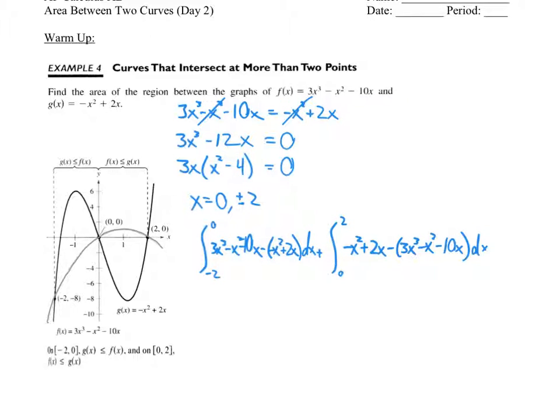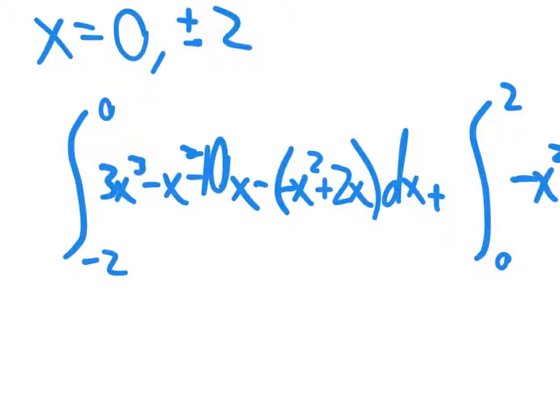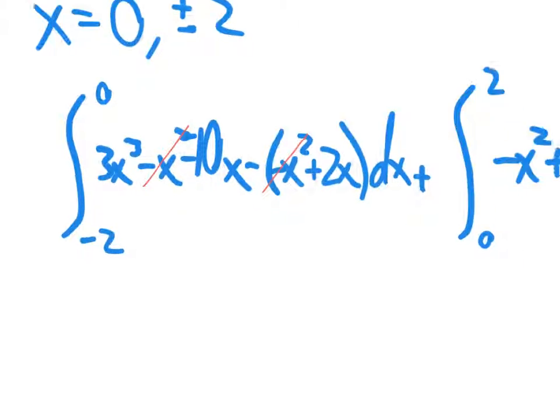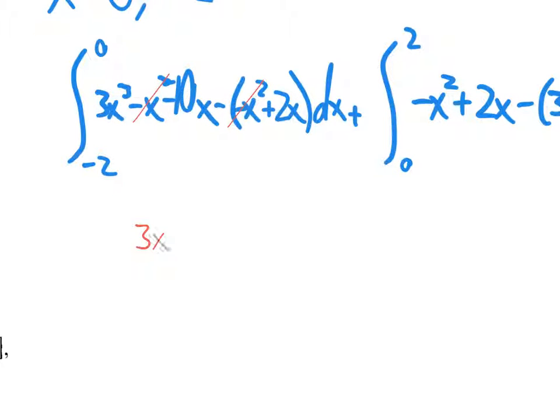And then it's just a matter of finding those two integrals. Okay? Of course, simplify first. Combine like terms. It does make it easier. Here, when you combine the like terms, just like when you're solving the equation, the x squareds cancel out. And you've got a 3x cubed minus 12x that you're taking the integral of.